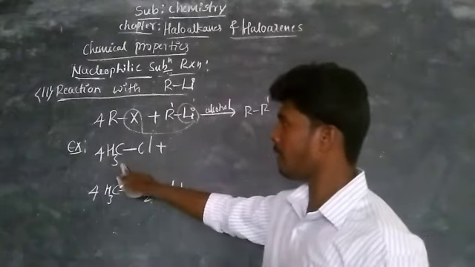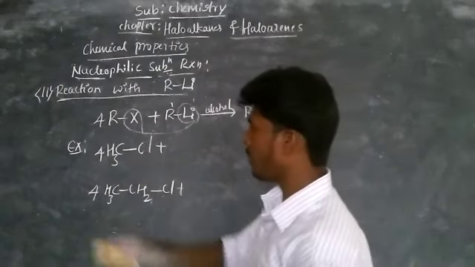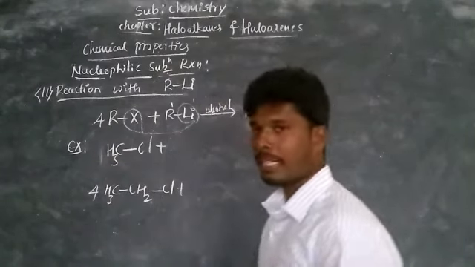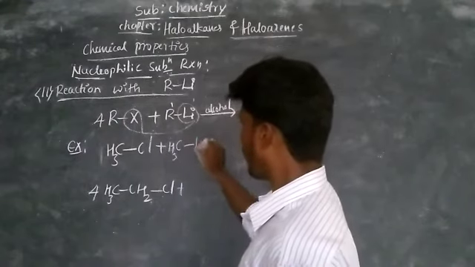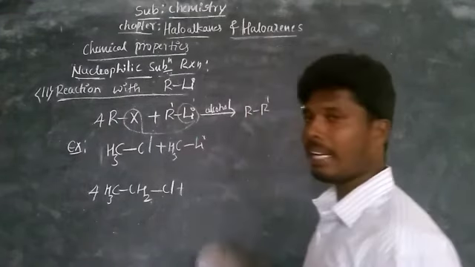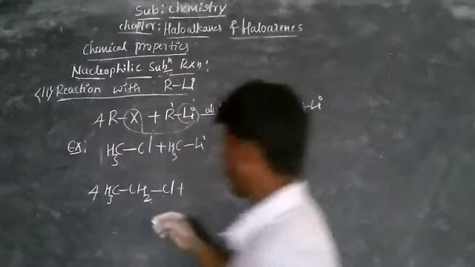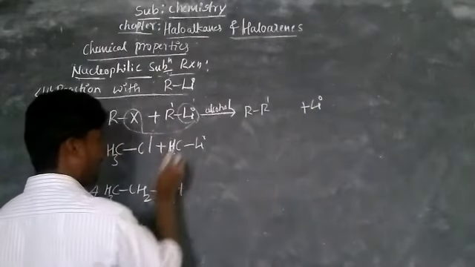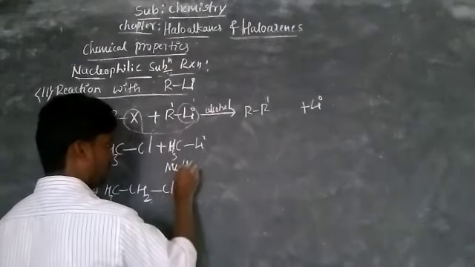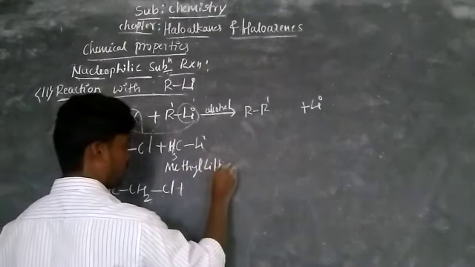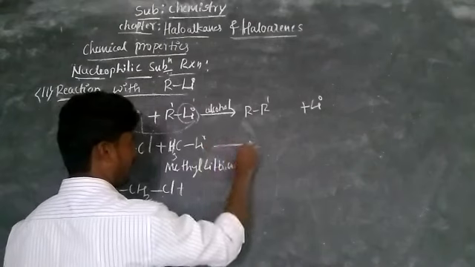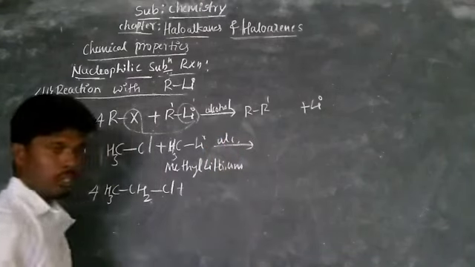We are taking here methyl chloride. Take 1 equivalent only. Methyl chloride is treated with CH3 bond Li, that is methyl lithium. So what you get?